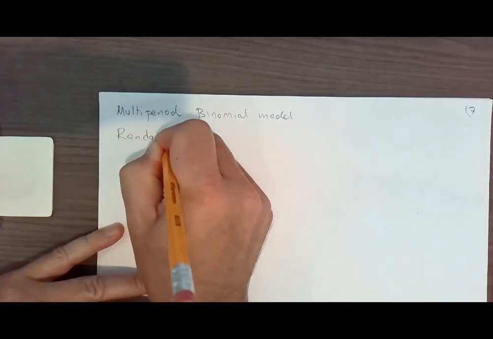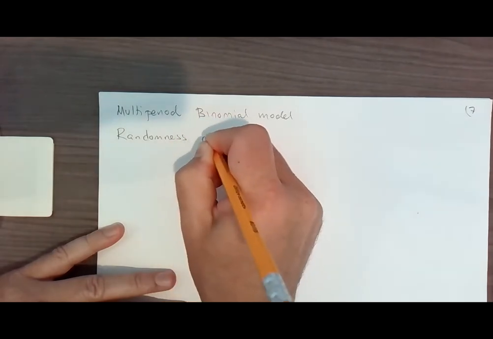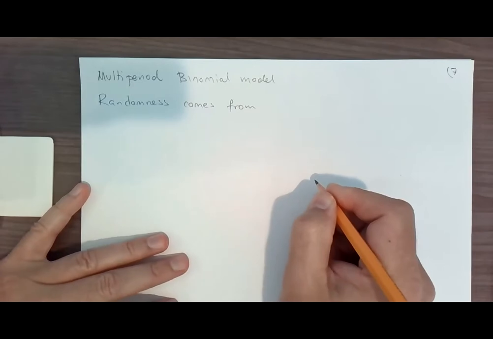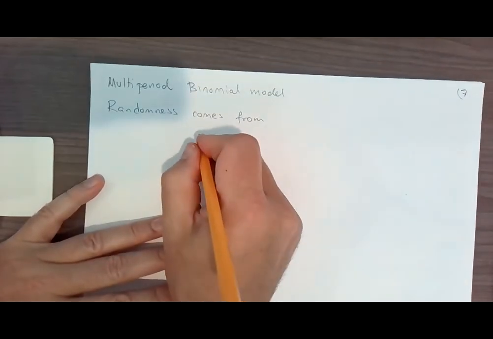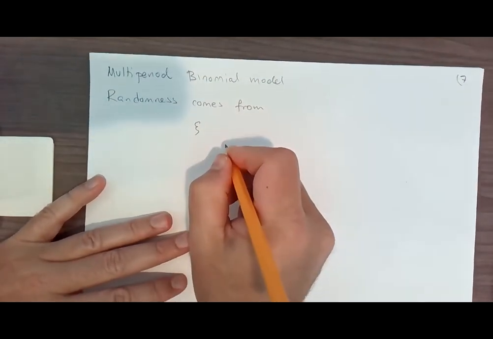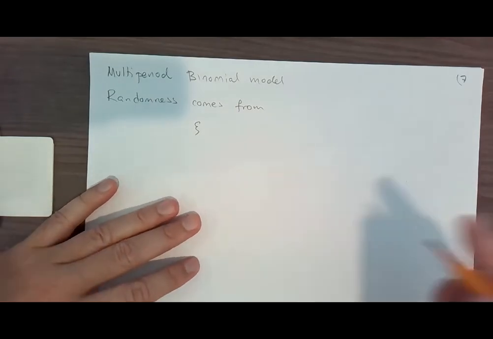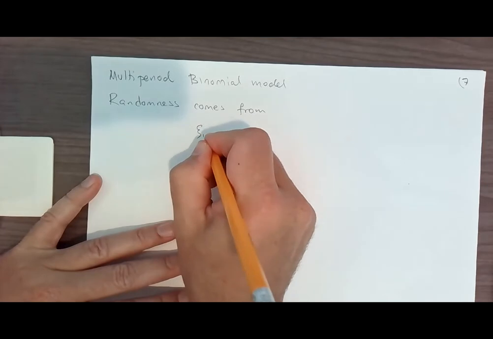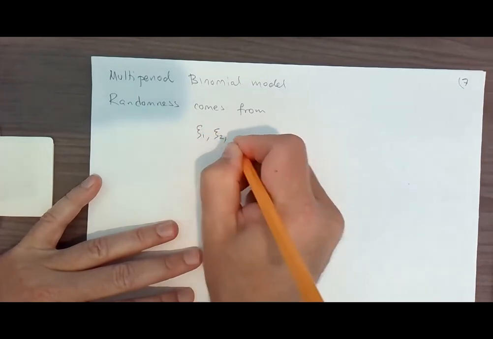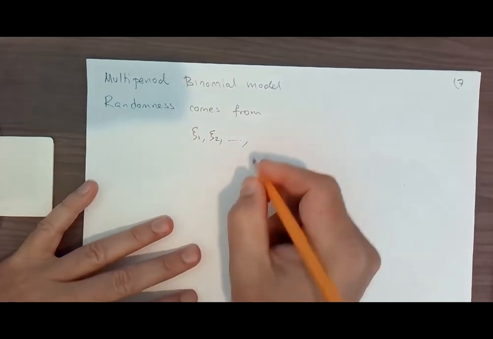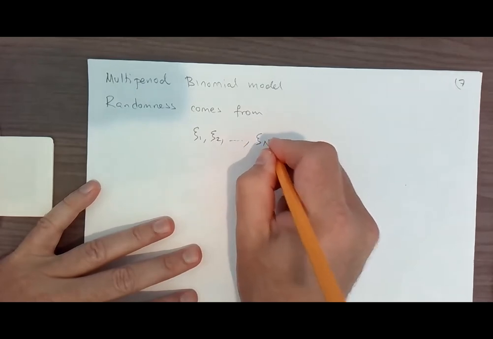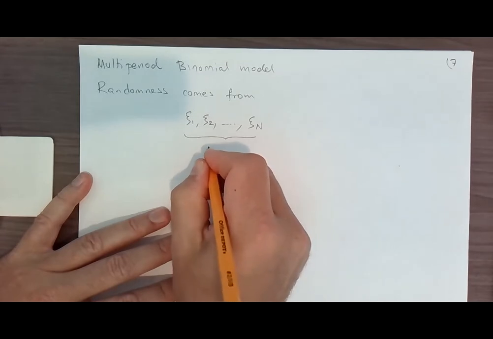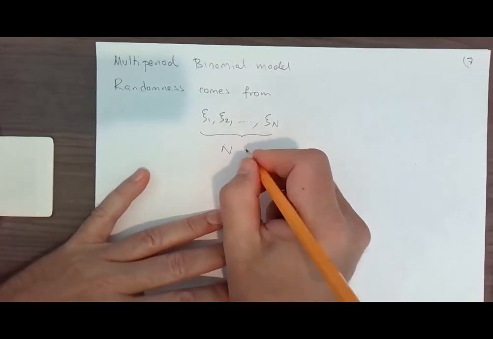Randomness comes from the sizes. We want to have psi 1, psi 2. If it's an n-period model, then you want to have n of them. So there are n conflicts.